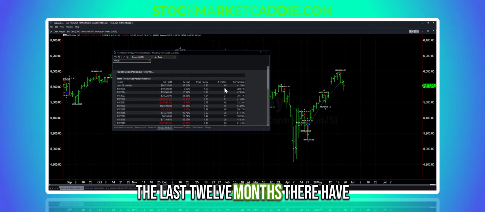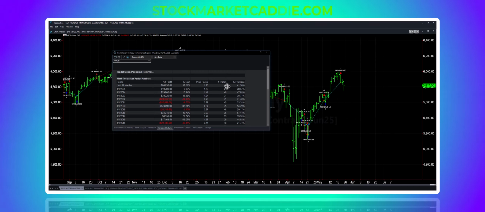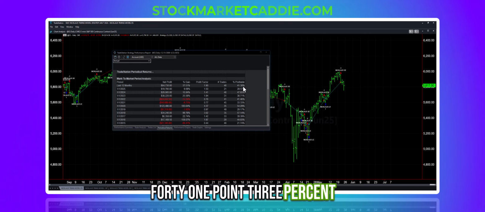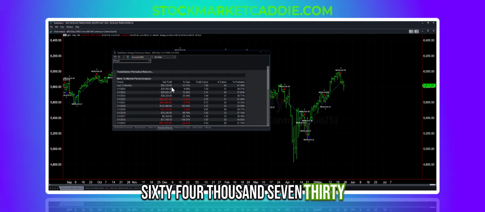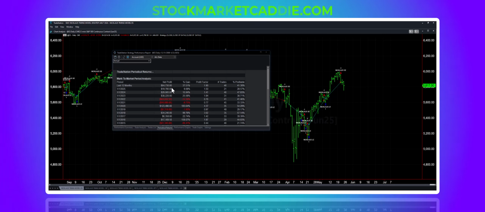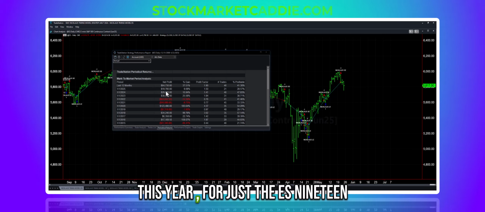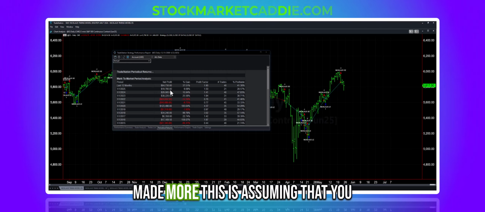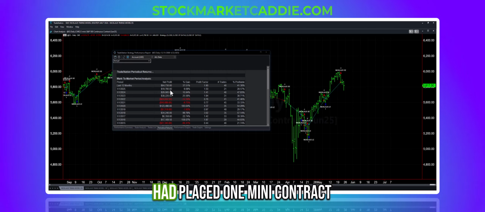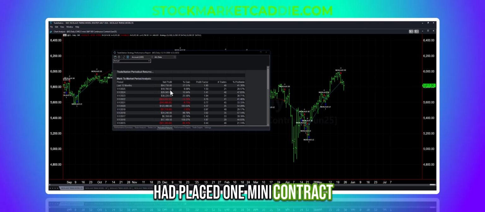The last 12 months, there have been 46 trades, 41.3% profitable, and you would have made $64,730. This year, for just the ES, $19,780. Now, it's possible you could have made more. This is assuming that you had placed one mini contract.